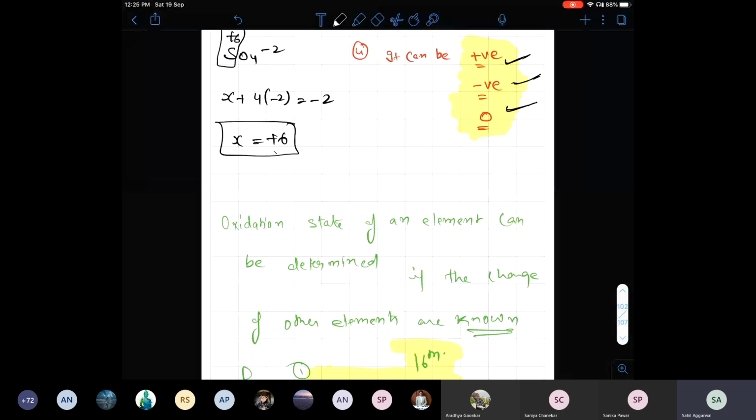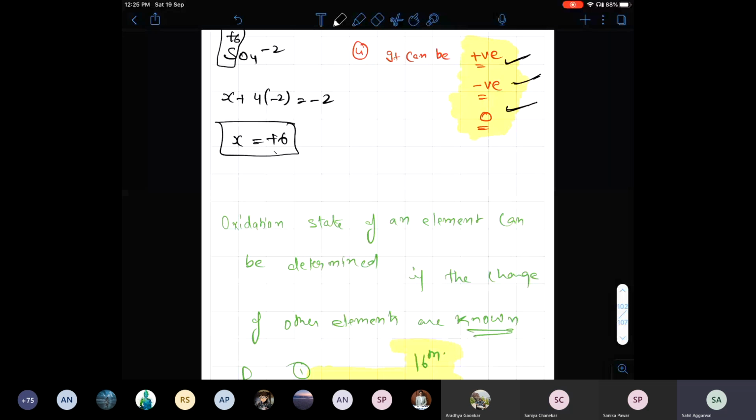Charge mention करना इसलिए जरूरी है because charge can tell you whether the electron has been lost or has been gained. Okay, all of you, I told you to please mention the charge while calculating the oxidation state. Right, Sania? Yes, sir. Charge mention करना क्यों जरूरी है?